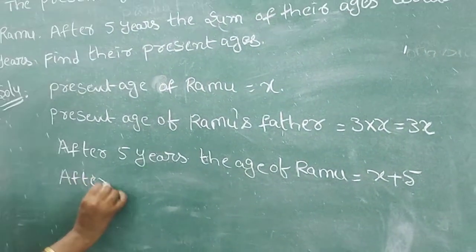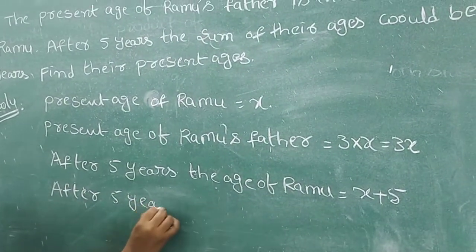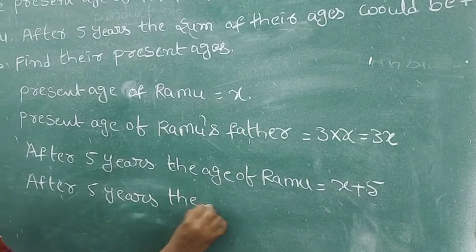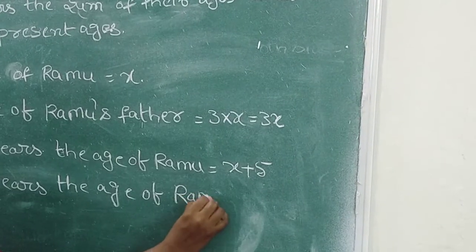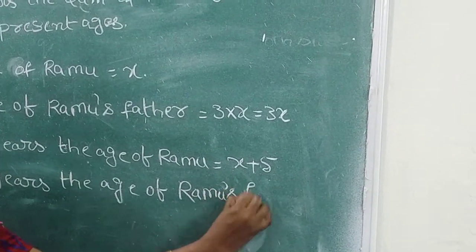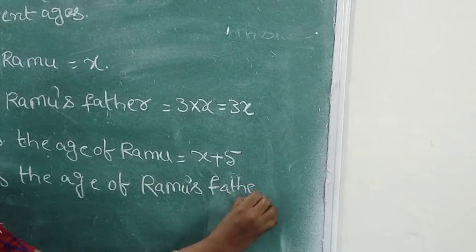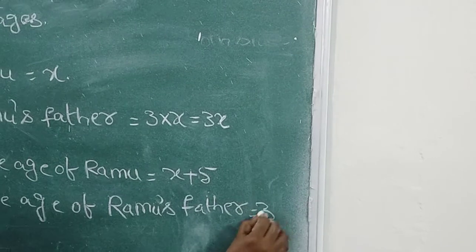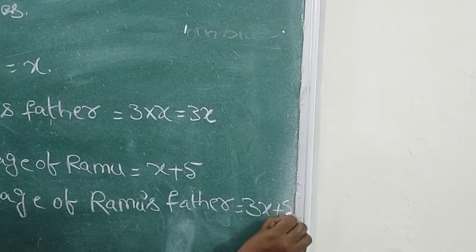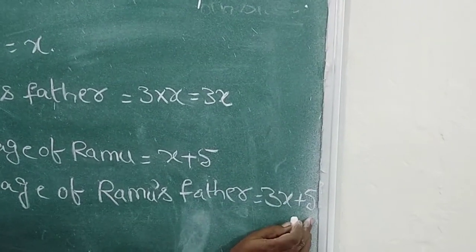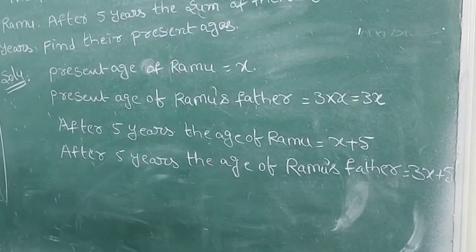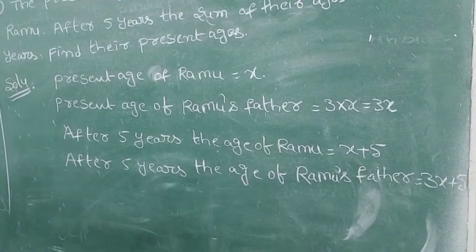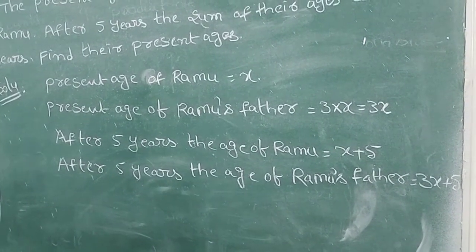After 5 years, the age of Ramu's father is 3x plus 5. After 5 years, the sum of Ramu's and Ramu's father's ages is 70 years.